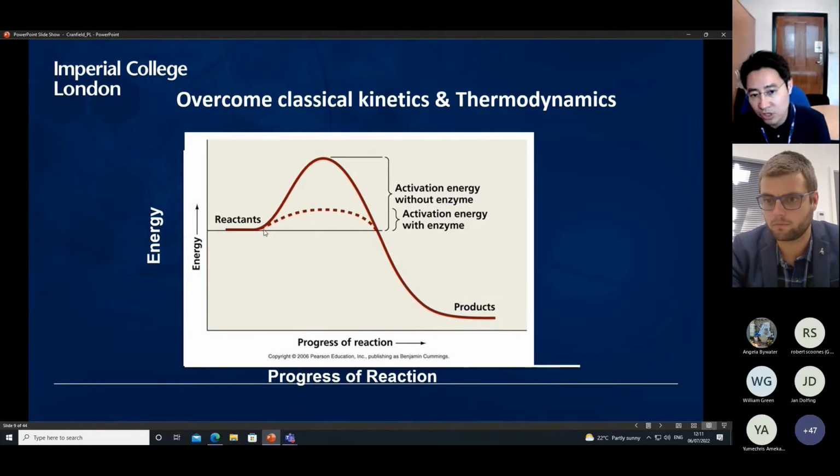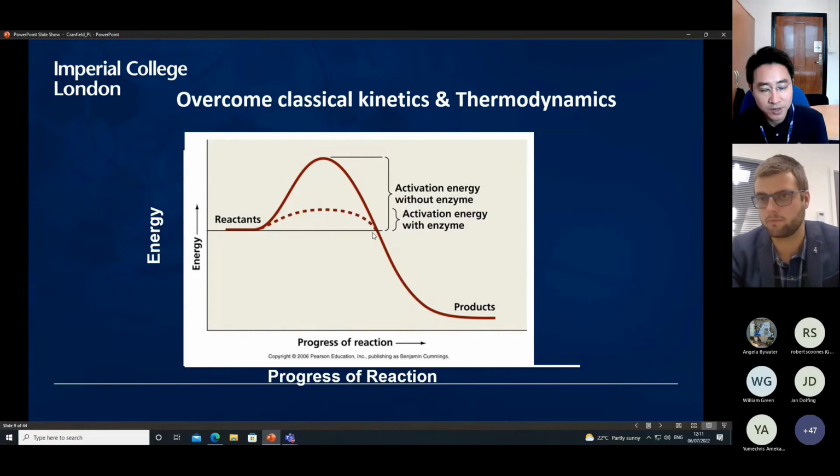However, if we go through tunneling, there can be no barrier or a lower barrier, so you can overcome the kinetic limitation. The other thing is thermodynamics: if your barrier cannot be crossed, but you can tunnel through it, you can have a better reaction. So you reduce the energy level of the product, and you capture more energy. Today I'm going to talk about those two, kinetics and thermodynamics, with this example.